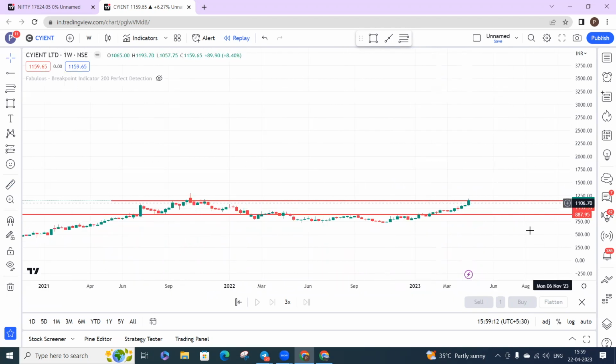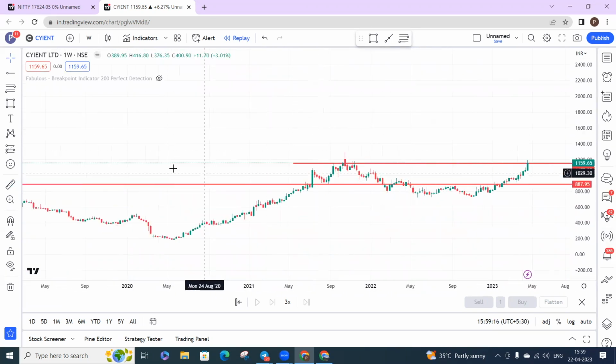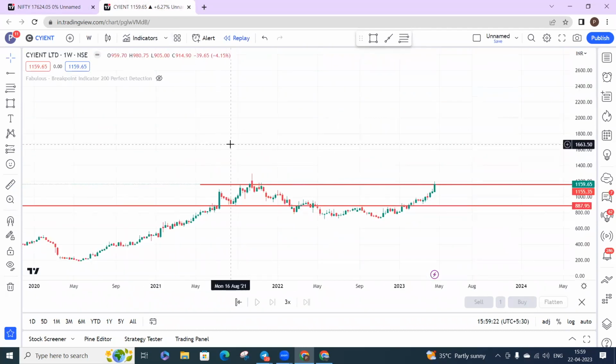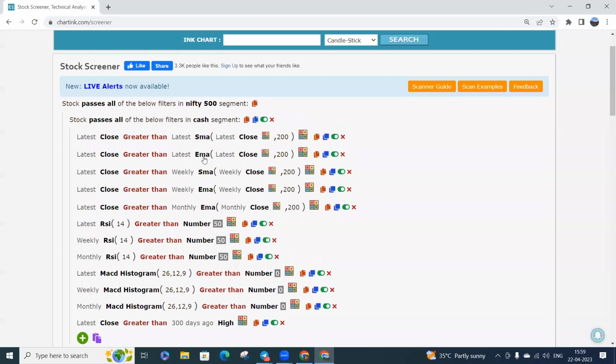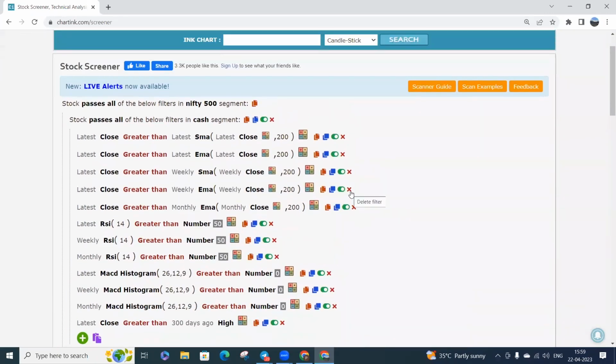Okay, this is a good share to look out for buying. So this is how people will use the market for taking a trade. Okay, so we had created a code here, and let me save it first of all.